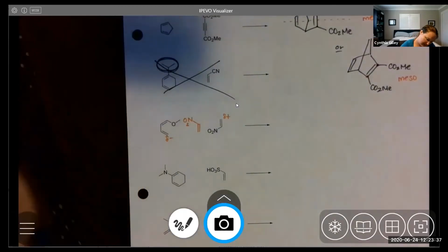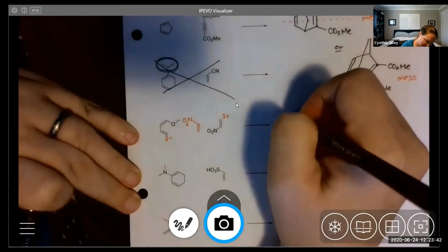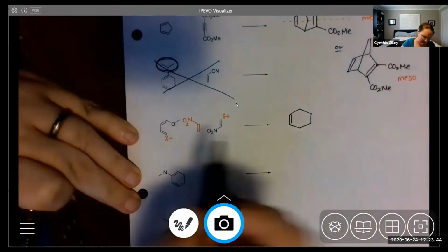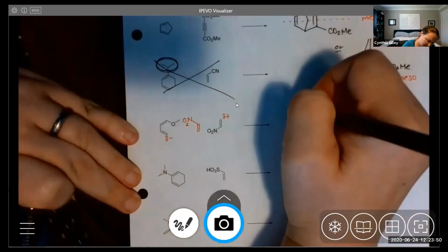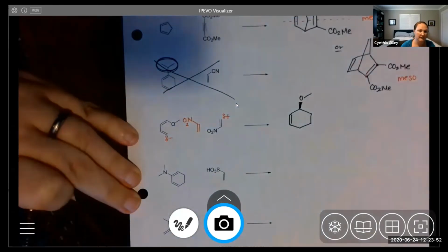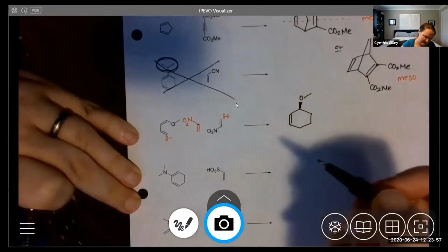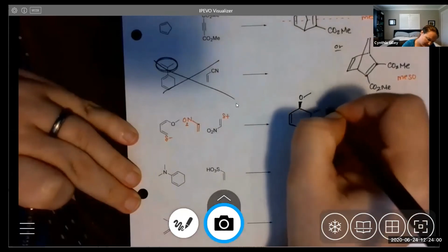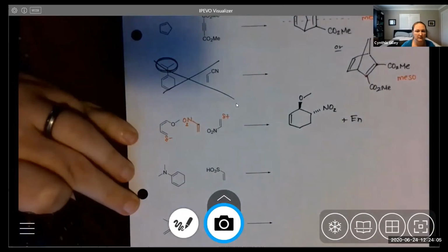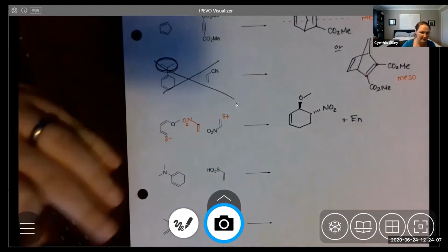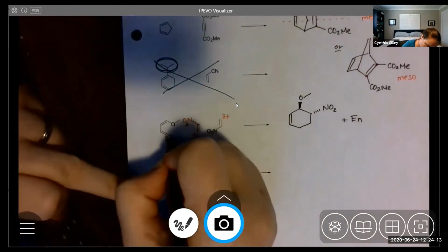Now it forms a cyclohexane ring. There is a methoxy group here because it's pointed in, endo. And then there's a nitro group at this carbon, and because it's pointed in, endo. So it was important that we have the correct alignment.